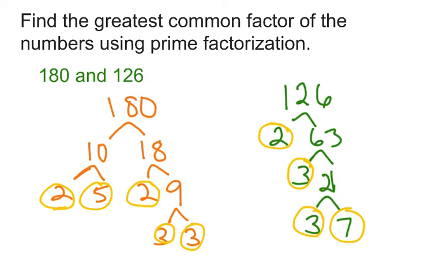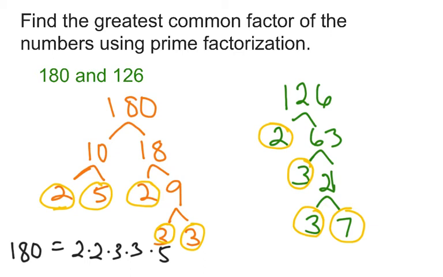So first I'm going to list the prime factorization of 180. So I have 180, which is 2 times 2 times 3 times 3 times 5.